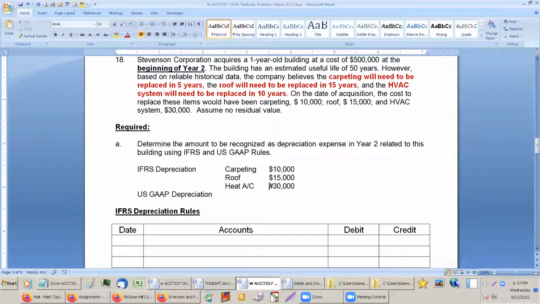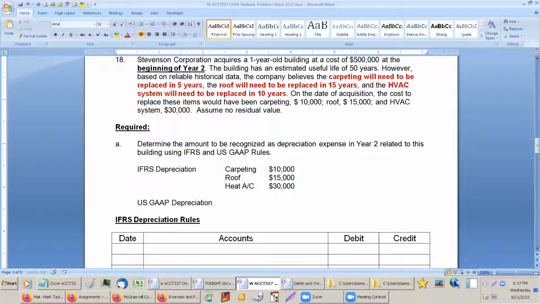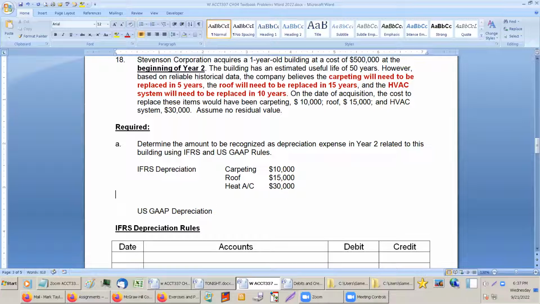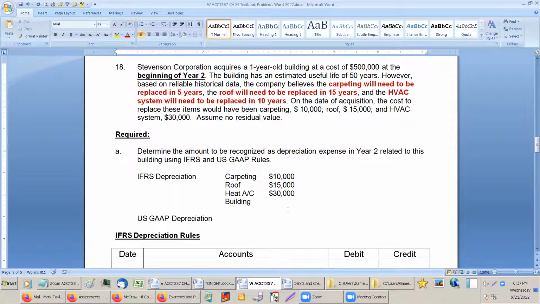And last and certainly not least is the building, which has a value of 500,000 minus all this.